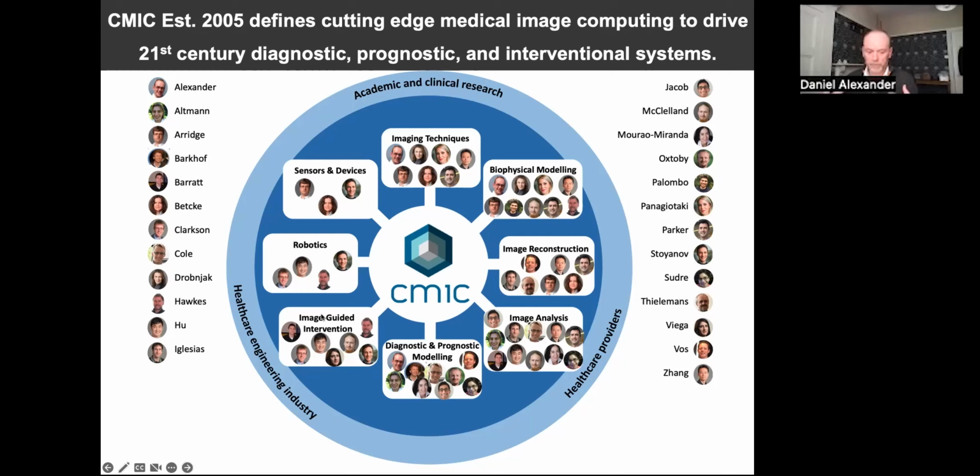And so, really we've become one of the primary conduits for new ideas emerging in engineering and computer science through to application in the clinical research in the medical faculties at UCL and in clinical practice at the various hospitals associated with UCL. So that's what we do.